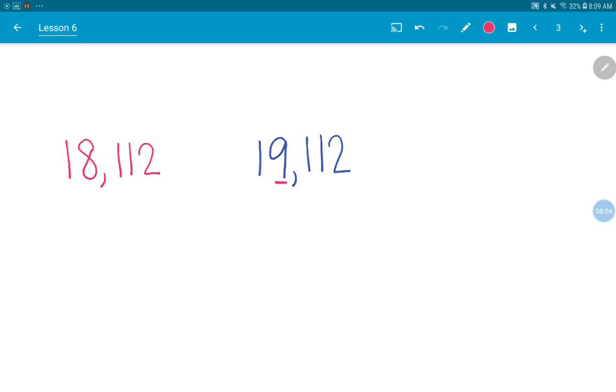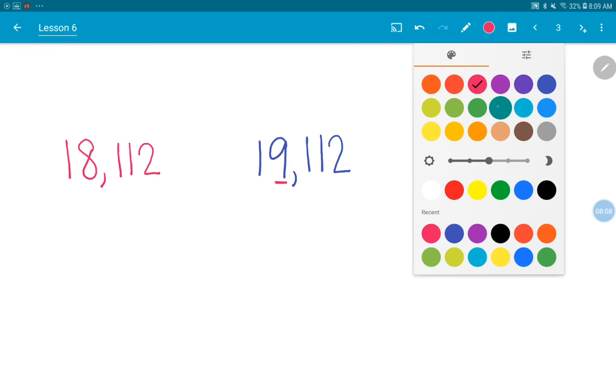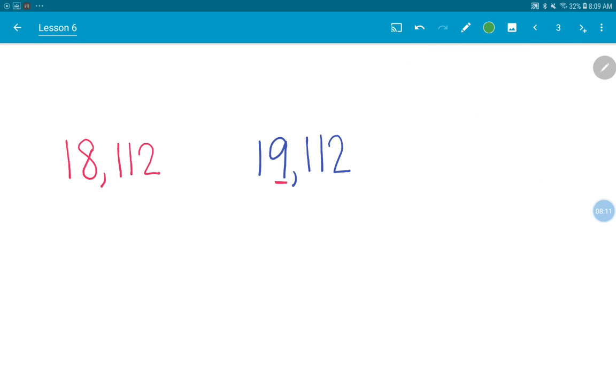I'm going to go back to my original number, 19,112. What's going to be 1,000 more than 19,112? Well, 19,112 plus 1,000 is going to be 20,112. So did the largest unit change that time? It did. The largest unit did change when I added 1,000 more.